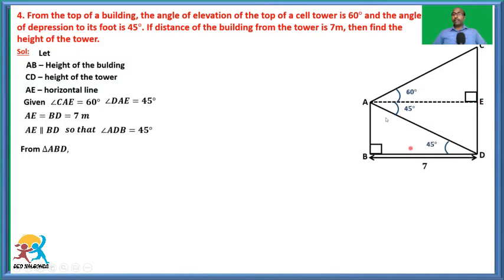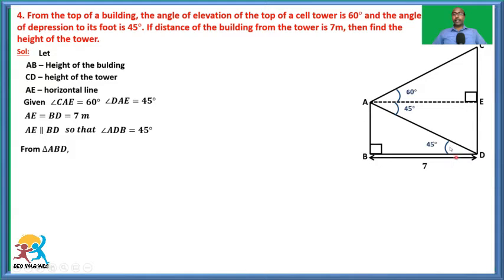We know that ED is equal to AB here. So first find AB, which is equal to DE. Then after find CE. Then by adding CE and ED, we get the height of the tower.